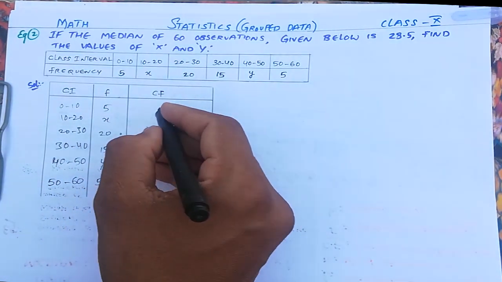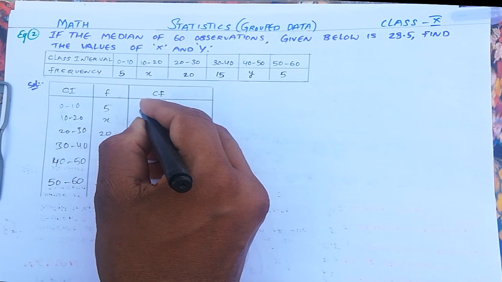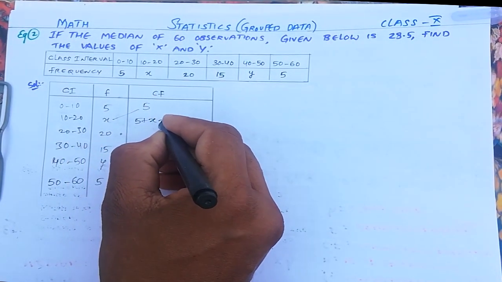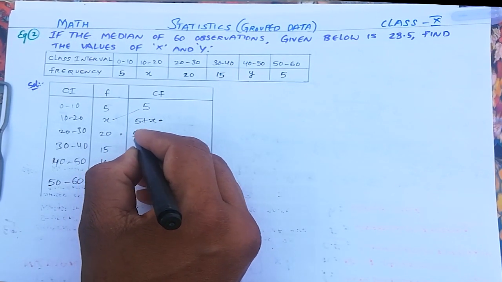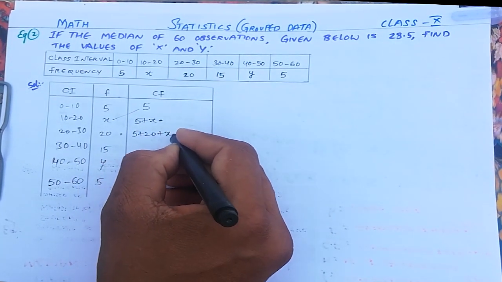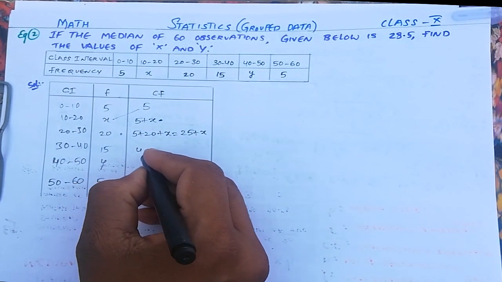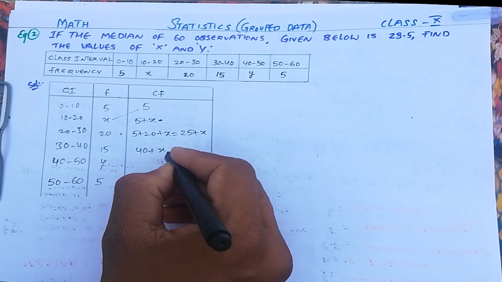Next, cumulative frequency. First write the frequency value 5. Next, cumulative means we should add: 5 plus x, then 5 plus 20 plus x gives 25 plus x, 25 plus 15 is 40, so I write 40 plus x.